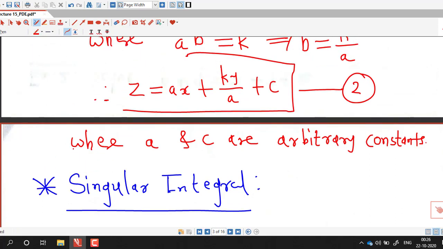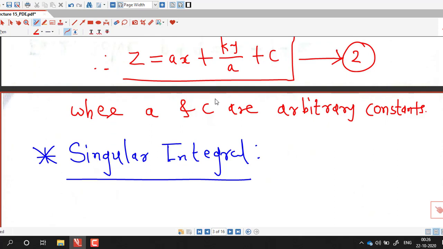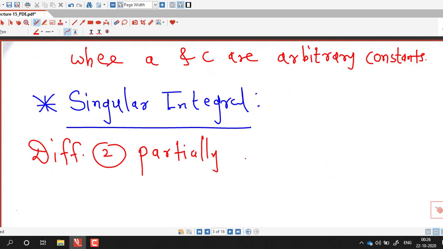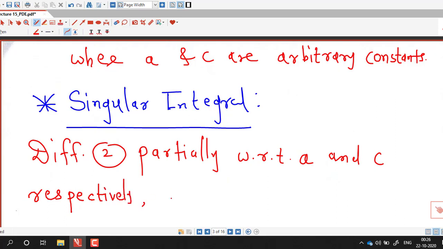So here 2 is the complete integral, so we differentiate equation 2 partially with respect to the constants a and c respectively, we obtain.